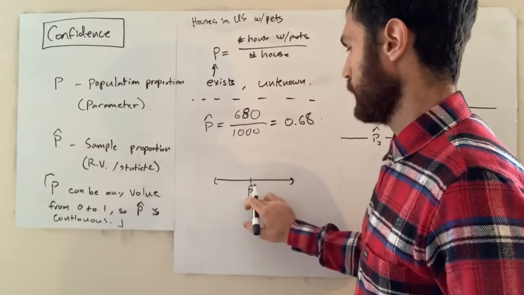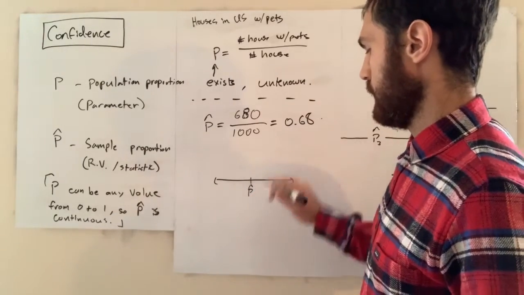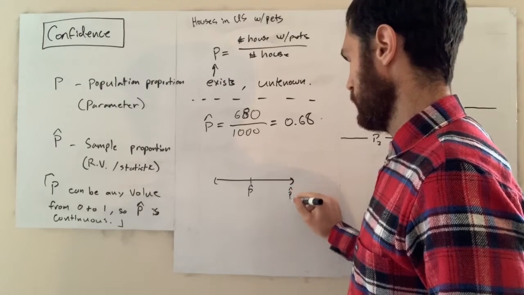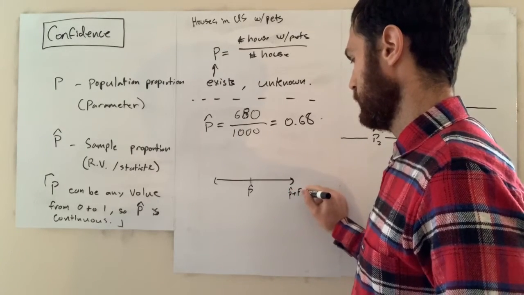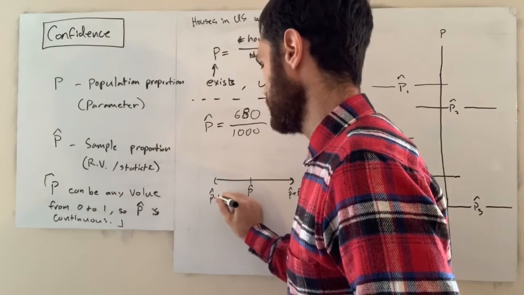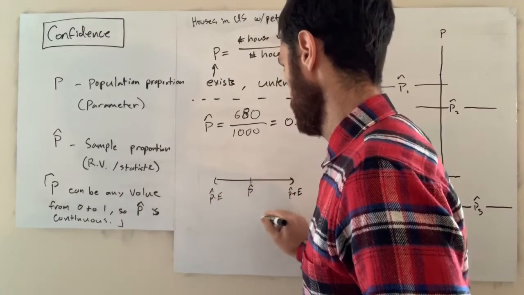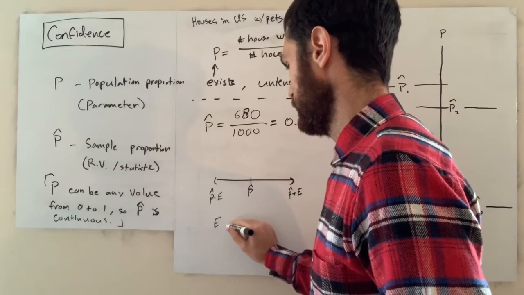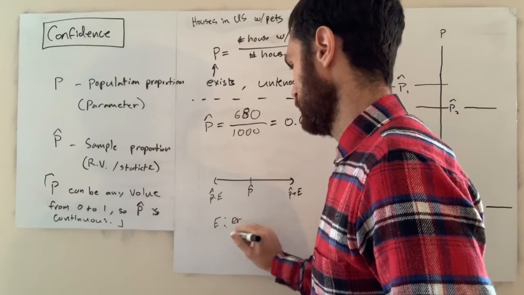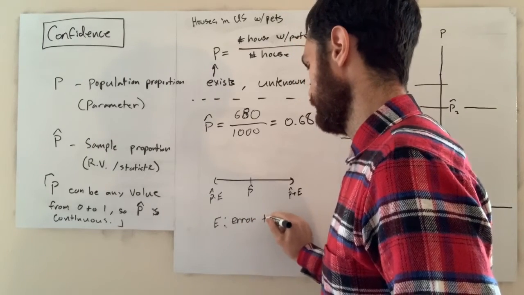So we're going to start at our guess p hat, plus some error term, and then p hat minus some error term. So E is the error term.